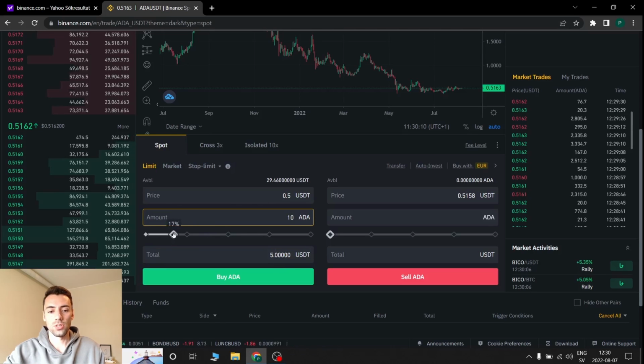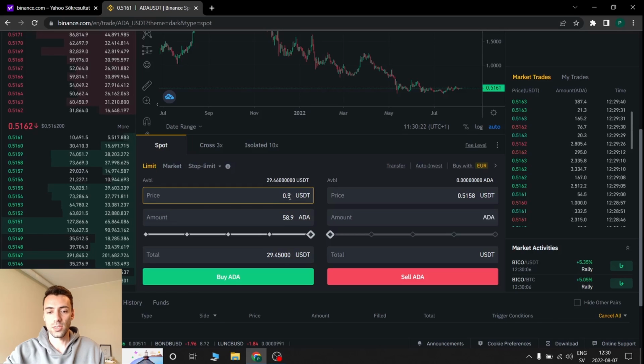You can also use this, which will be 17% of our balance. Or if you want, you can buy all. You can use all your USDT to buy Cardano at this price, and it will be 58.9 tokens of Cardano.